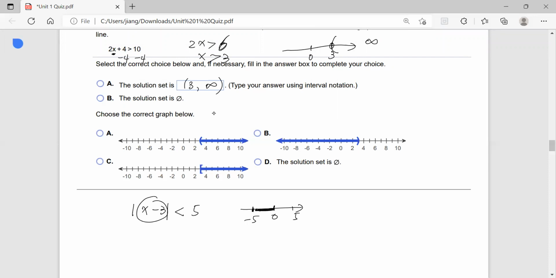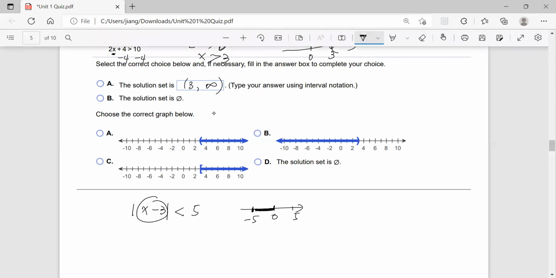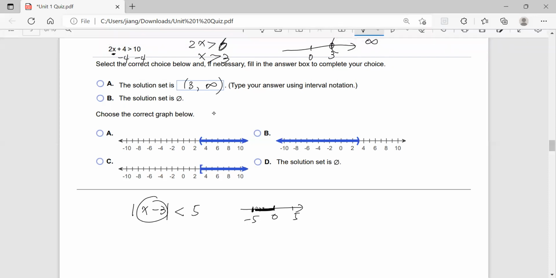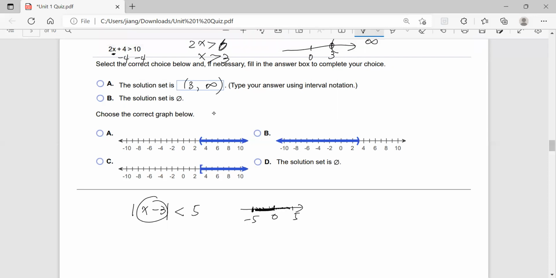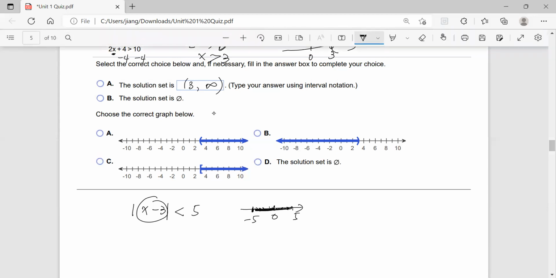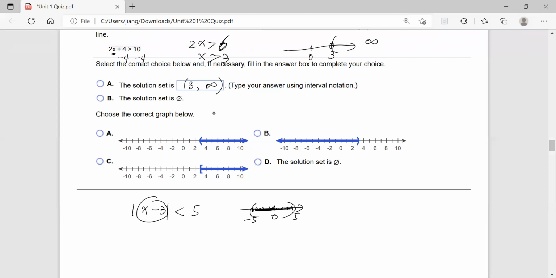Yes, because from here to 0 is 5. That means x minus 3 could be any point here or any point here, because any point here and here, and then move it to 0, the distance is less than 5. So it could be any point here between -5 and +5.